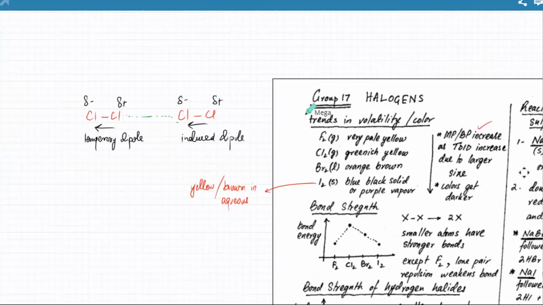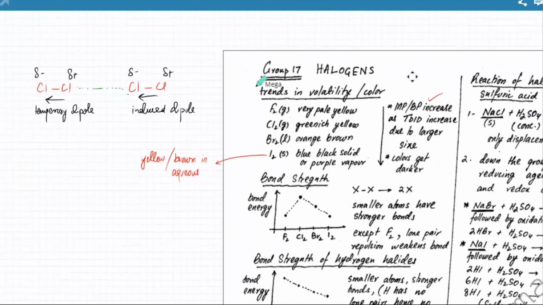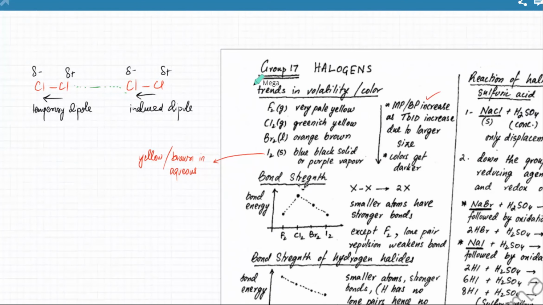So van der Waals forces depend on size. If you've got more electrons, there would be more van der Waals forces. If you've got more electrons, there would be more temporary dipole induced dipoles getting formed. So iodine has a total of 53 electrons. So that's a lot of electrons. So there would be a lot more dipoles in iodine compared to chlorine compared to fluorine. So van der Waals forces become greater when you go down the group. Is that clear? Yes.